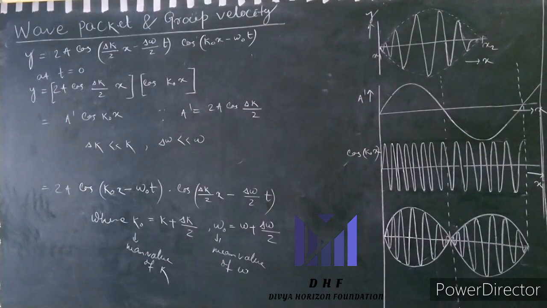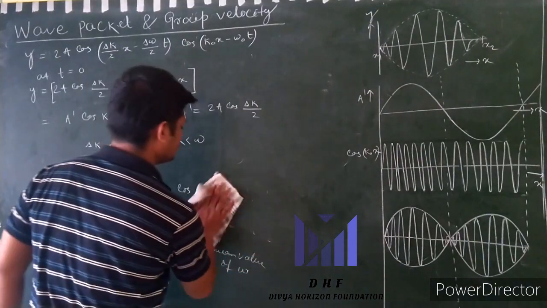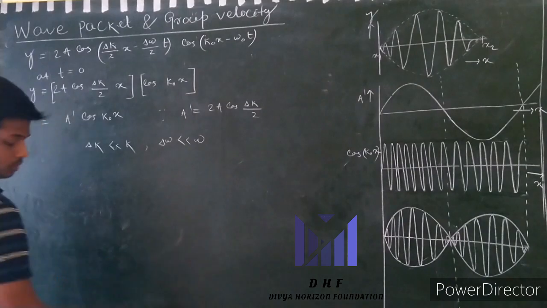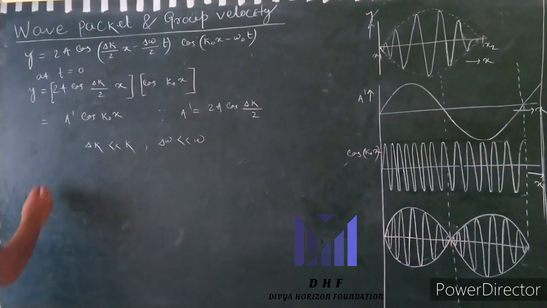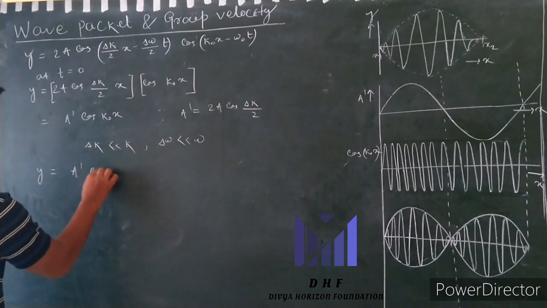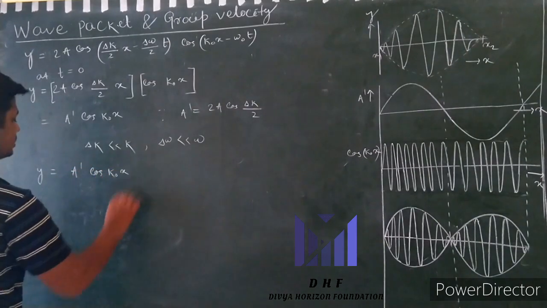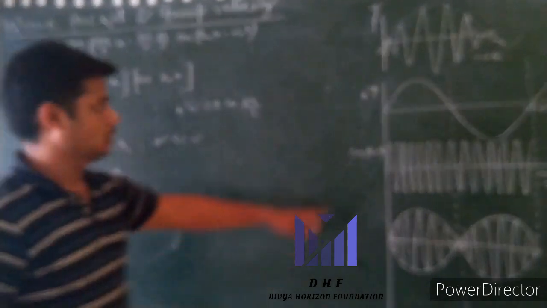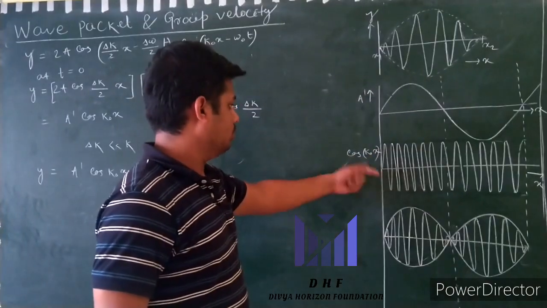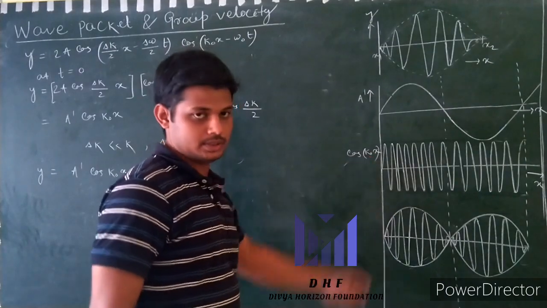So what about the curve given by y is equal to a dash cos k0 x? Here we have drawn the curve for a dash. Here we have drawn the curve for cos k0 x.